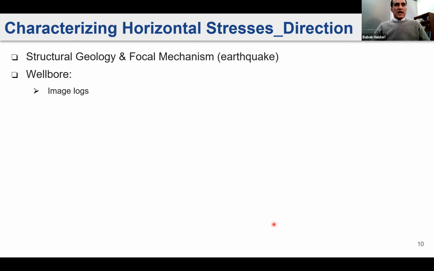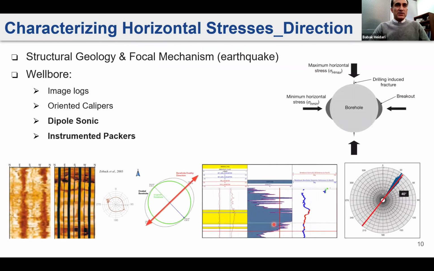We know that we have access to image logs, geological image logs, for example resistivity and density, and some indication of borehole deformation through these image logs can be a good indication of the far field stresses. Oriented caliper data, multi-arm caliper information, dipole sonic, and instrumented packers.